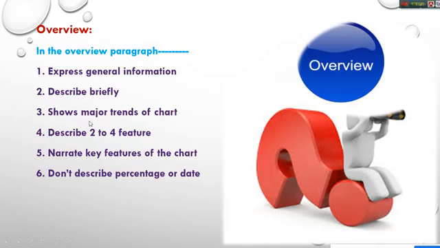Simply you will describe the major trends and it must be short, and describe two to four features. It may be two or three features. Of course, you have to narrate the key features, I mean, key incidents, key happenings. Okay, so let's go.